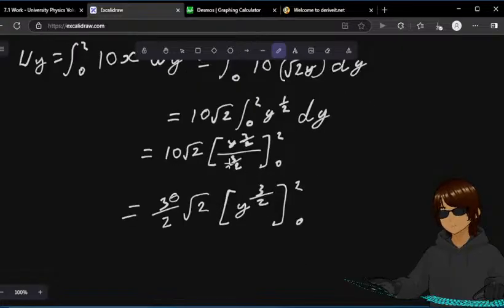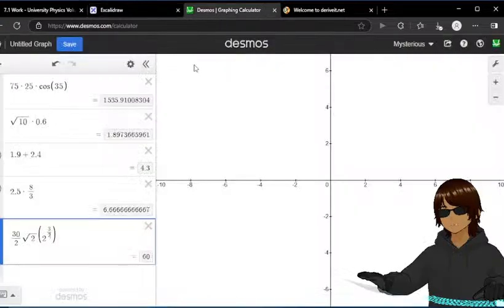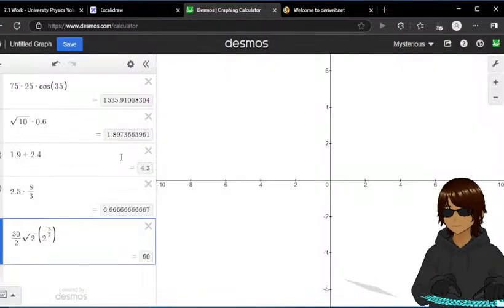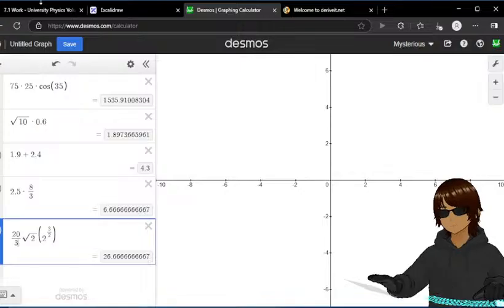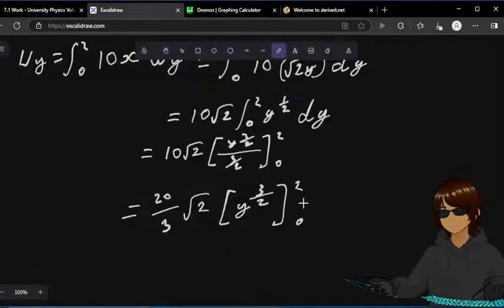No, I got this wrong. When I took 3 over 2 out, it should be 2 divided by 3, so it should be like this, 20 over 3, I mean. Now we have 26.66666.